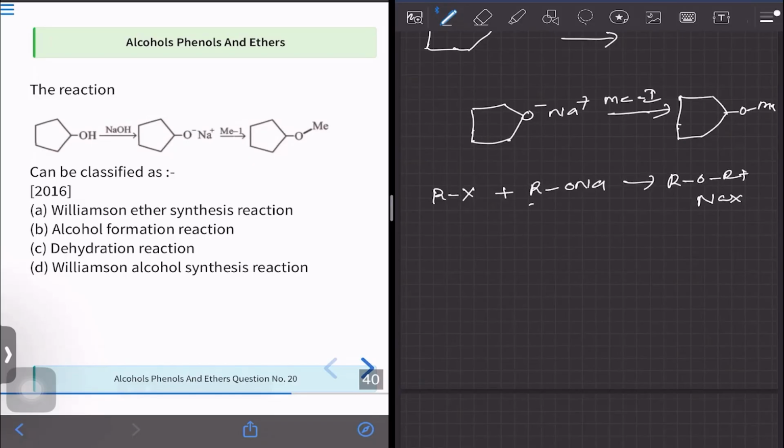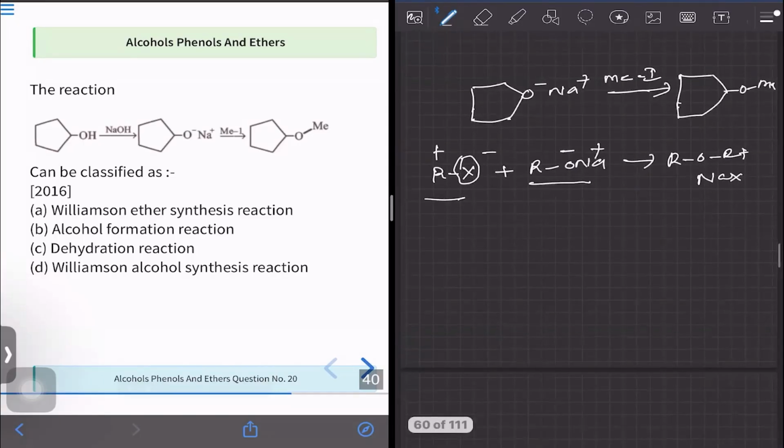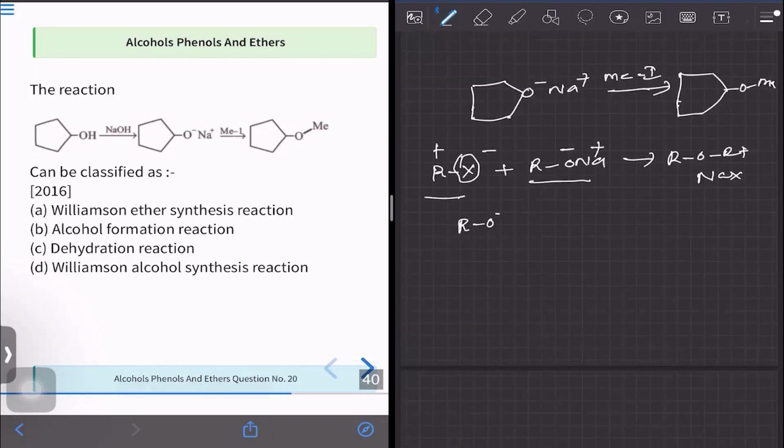In this bond, O will be negative and Na will be positive. In the halide, halides always have high electronegativity compared to any alkyl group, so the halogen is negative and the alkyl is positive.